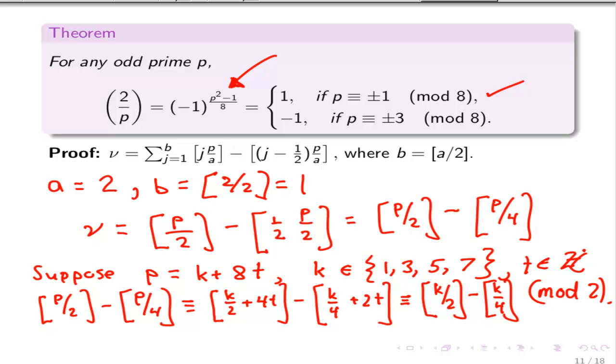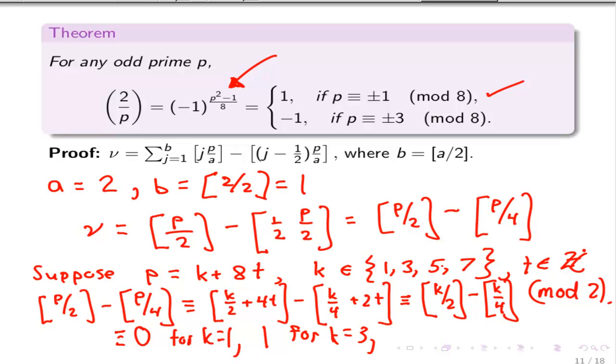And so we just plug in when k is 1, what do you get? When k is 1, you get 0 minus 0, which is 0. You plug in k equaling 3, and you get 1 minus 0, which is 1, for k equaling 3.